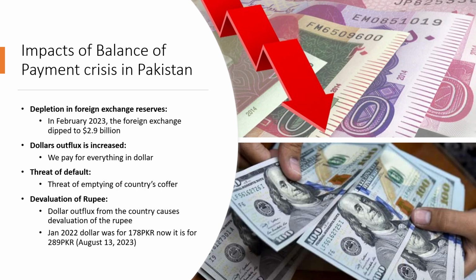And the increased outflux of dollars causes a devaluation of the rupee. Dollar outflux from the country causes devaluation of the rupee. In January 2022, the dollar was for 178 rupees.